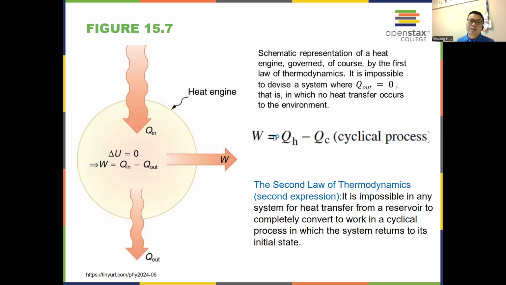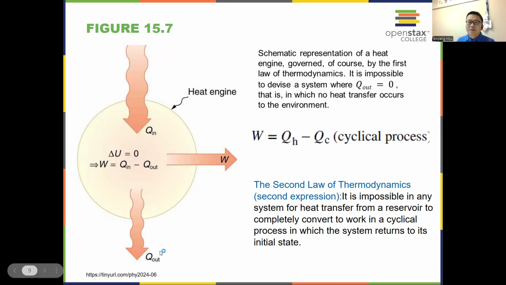So mathematically, you can write it this way: work done by the engine equals the heat it takes in minus the excess heat it discards. So Q in, we'll write as QH because heat is taken from a higher reservoir, and then Q out, we'll write as QC, that is the lower temperature reservoir.